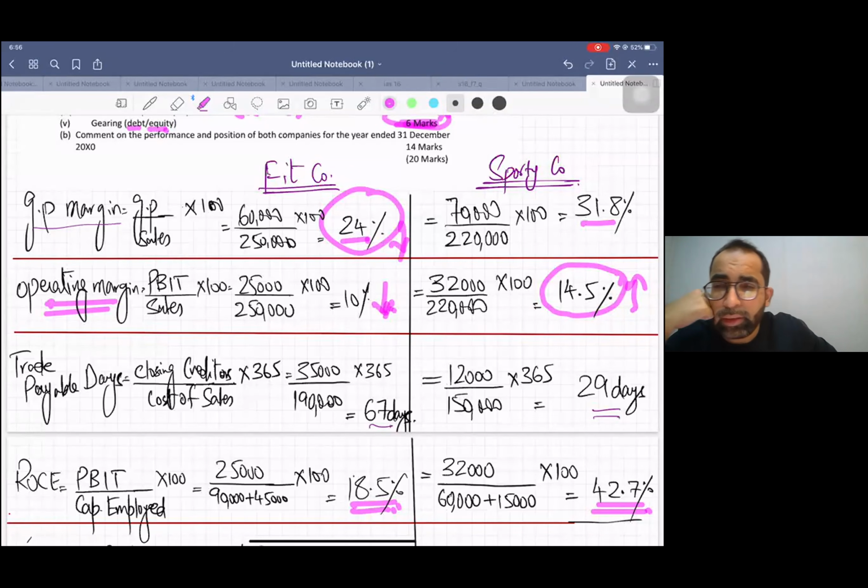And one more thing, Fit company's operating margin looks totally artificial, because Fit company's operating profit this year includes two things which will be no more with us next year. The first is gain on disposal.